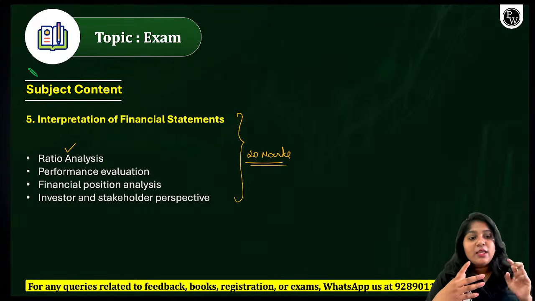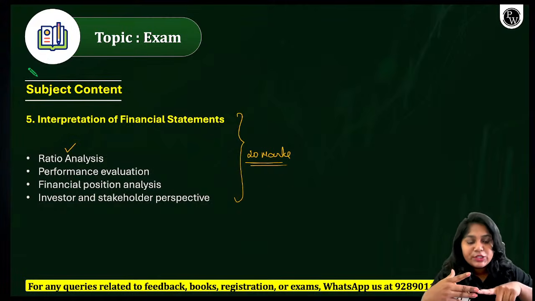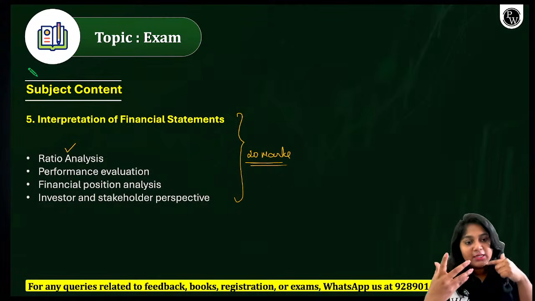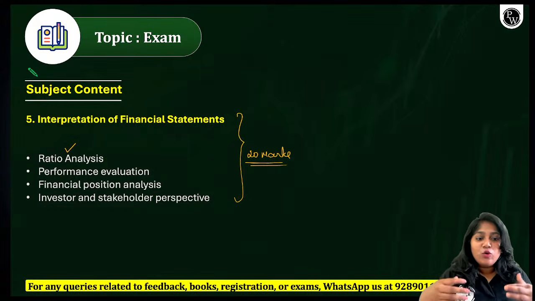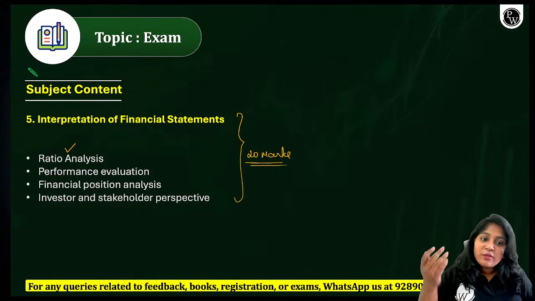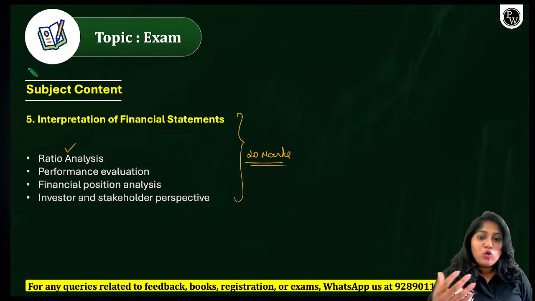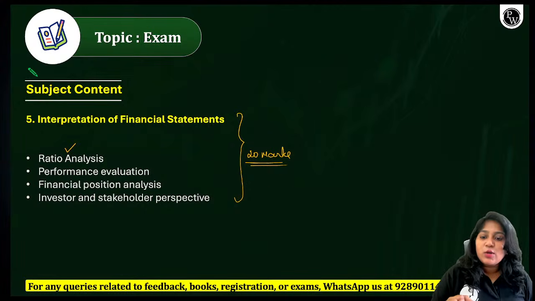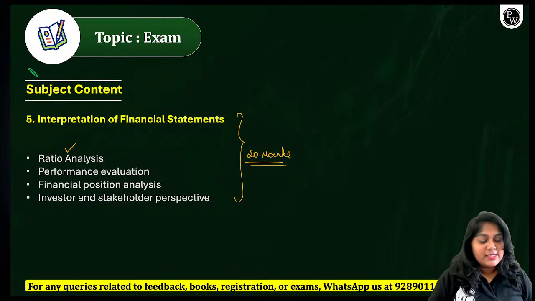Out of these three, you'll expect two. For example, you might get single entity and consolidation, or consolidation and ratio analysis, or ratio analysis and single entity. But I have seen over time that ratio analysis is becoming a mandatory question. So no matter what, there is always one ratio analysis question coming up in the examination.